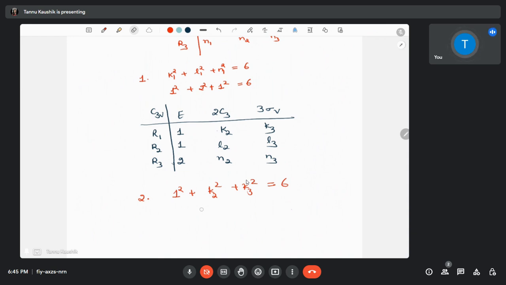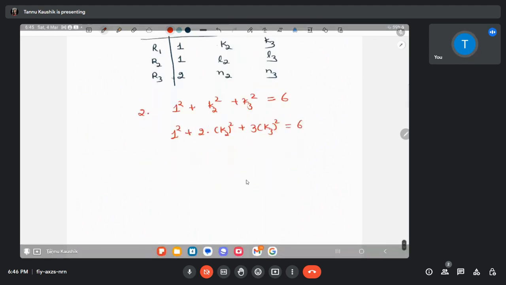Sorry, we will have to consider the number of atoms also. It will be 1 square plus 2 into k2 square plus 3 into k3 square.